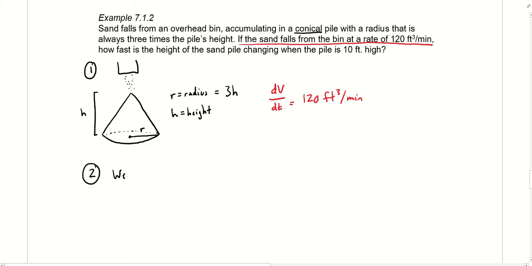So what we want here is dH/dt, the instantaneous rate of change of the height of the pile.